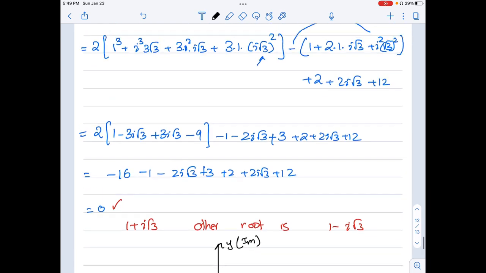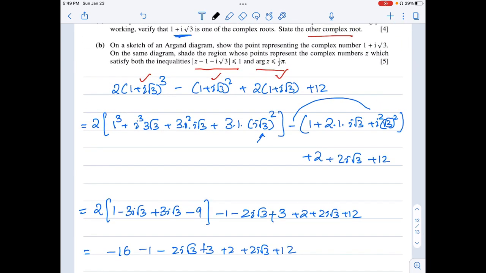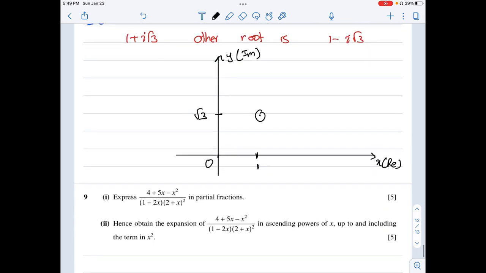What is being told over here? Modulus of z minus 1 minus I root 3 is less than or equal to 1. What does this represent? It represents a circle with center 1 comma root 3 and radius 1.